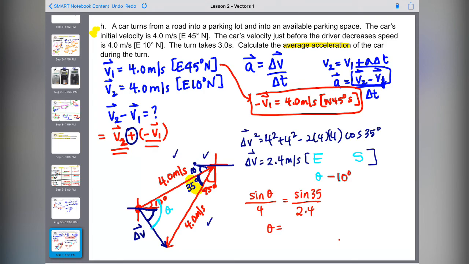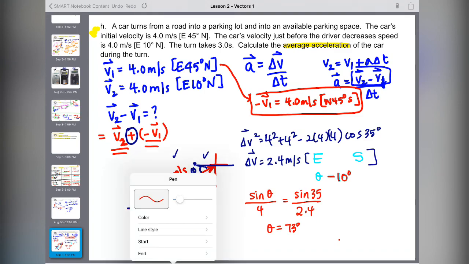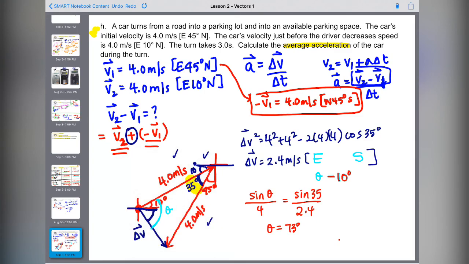Angle theta worked out to be 73 degrees. So to finish it off, this equals 73 degrees. Subtract the original 10, which gives you 63 degrees. So the actual direction is 63, from east traveling 63 towards the south.